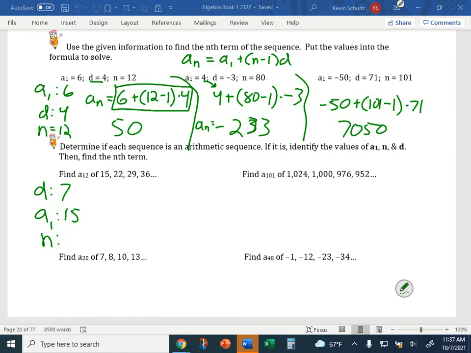What did you guess, Connor? Very good. Yeah. This A12 means find the 12th term. Since AN, we said that was our answer, that N is sitting right there, the 12th term. Okay?